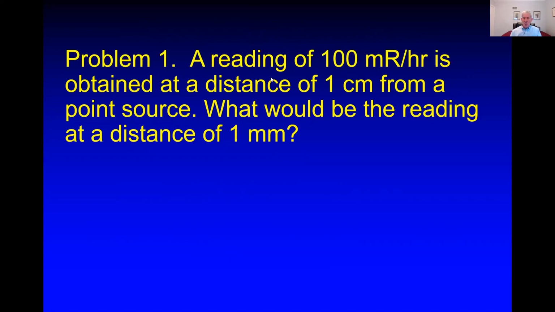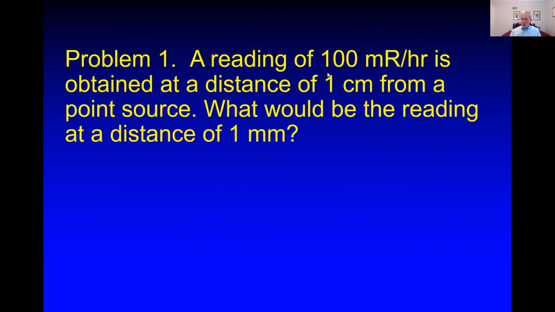This says we have a reading of 100 at 1 centimeter. So you know that the first half of your equation is going to be 100 times 1 centimeter squared. And the other reading, I2, will be I2 times this. Now, 1 millimeter, 1 centimeter, we have to get them in the same units.